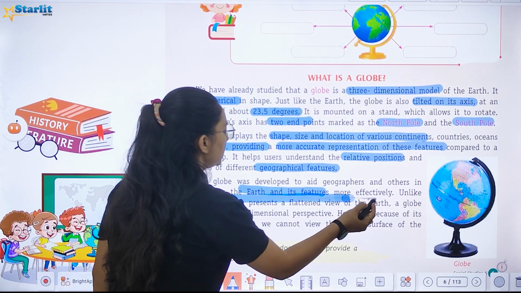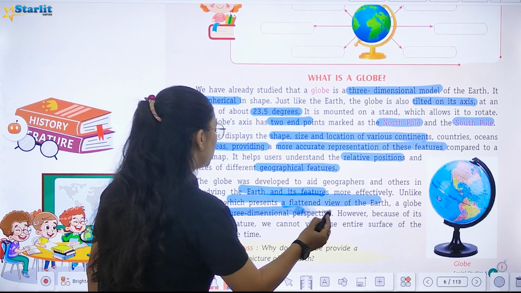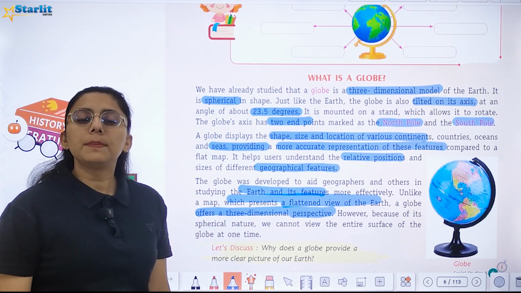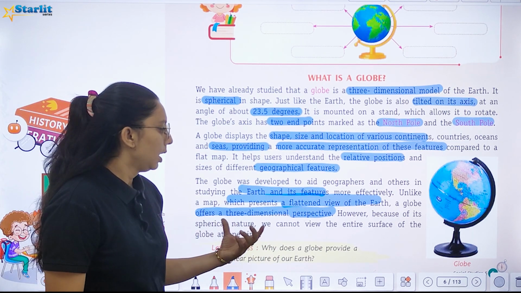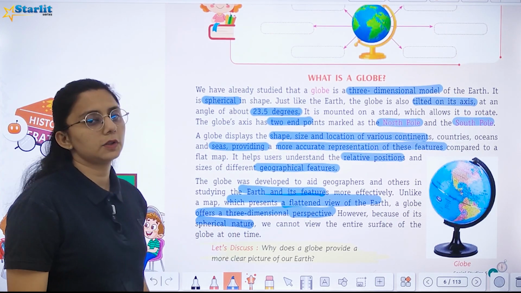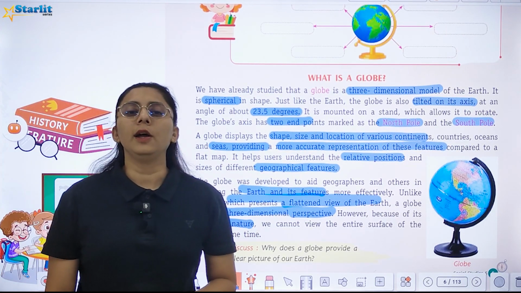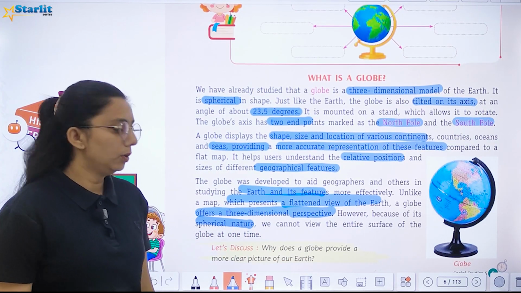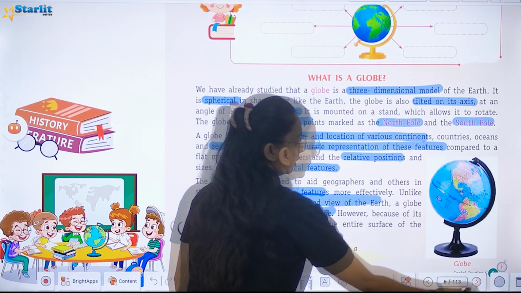Unlike map which presents a flattened view of the earth, a globe offers three-dimensional perspective. और जो globe है उसका कैसा perspective है? Three-dimensional. Because of its spherical nature, we cannot view the entire surface of the earth. क्योंकि वो spherical है तो आप one time में पूरे entire इसकी surface को नहीं देख पाते.